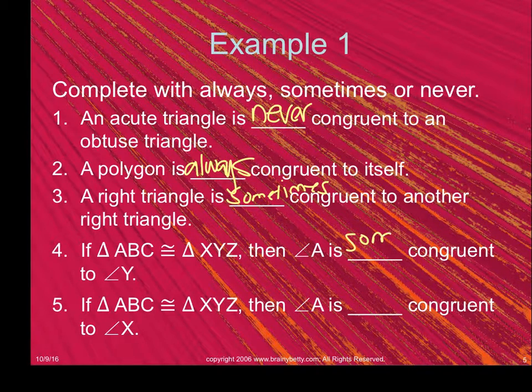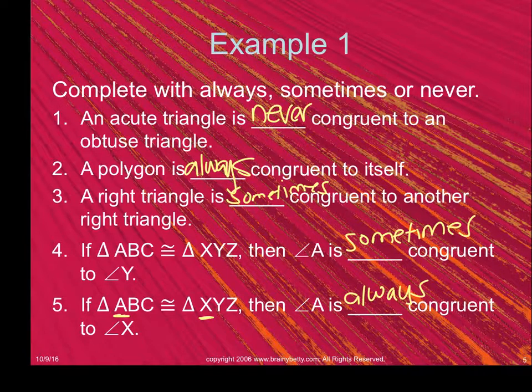So this is sometimes. If triangle ABC is congruent to XYZ, then A is blank congruent to X. Always. Good. So remember, the order matters. If it's the first letter here, then it equals the first letter here. Questions on any of those?